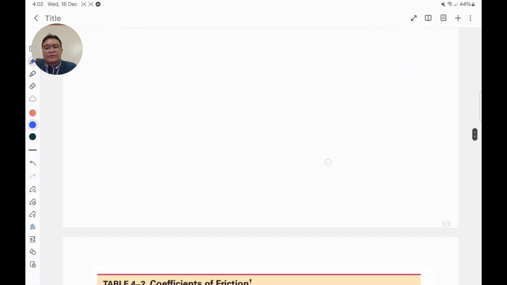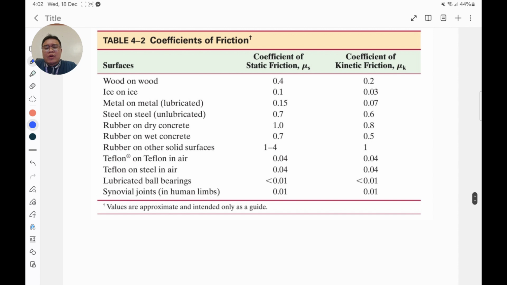And in fact, we have here some coefficients of friction from different surfaces that are known to us. As you can see here, these are the coefficients of static friction and coefficients of kinetic friction. Notice that since this is a constant of proportionality, there is no unit for this.